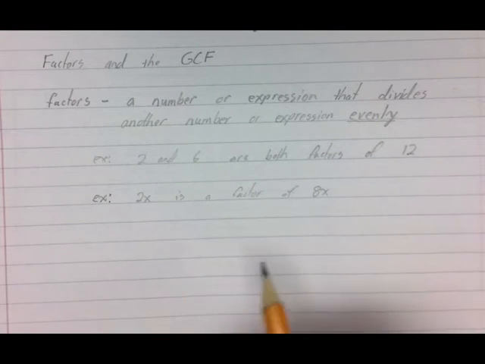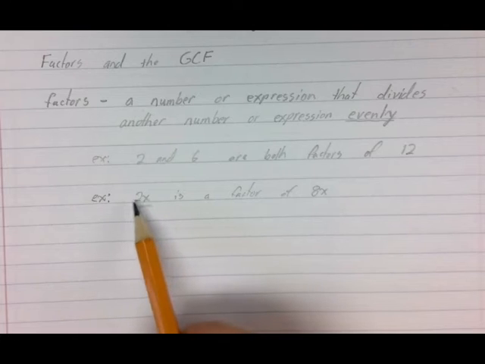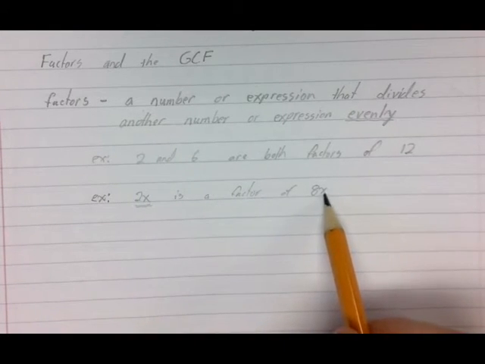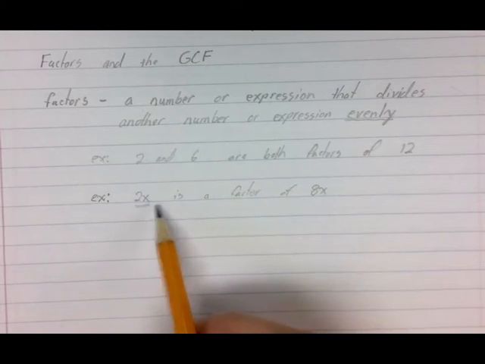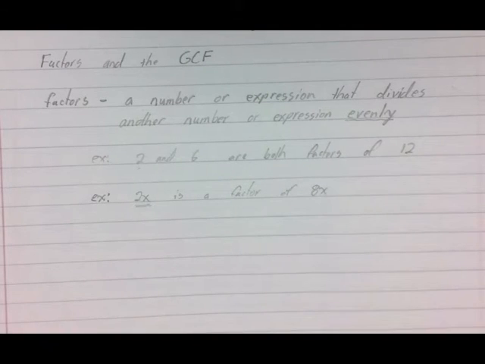Okay. Another way of thinking about factors, and I think this is really helpful sometimes, is if this is a factor, then that means I can multiply this by something to get 8x, right? I can take 2x times 4 and get 8x. Just like if 2 is a factor of 12, I can take it times 6 and get 12.